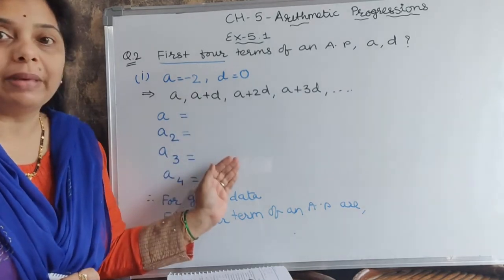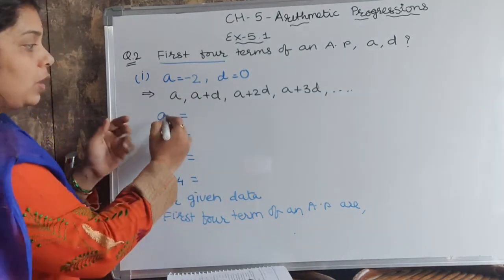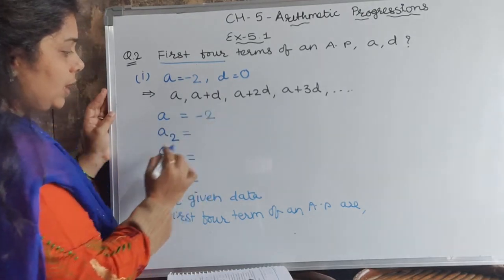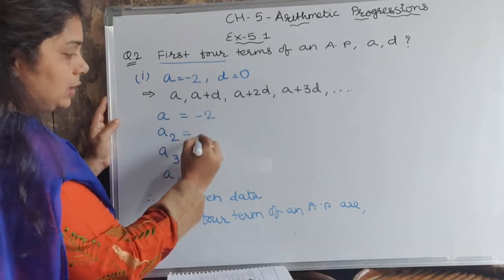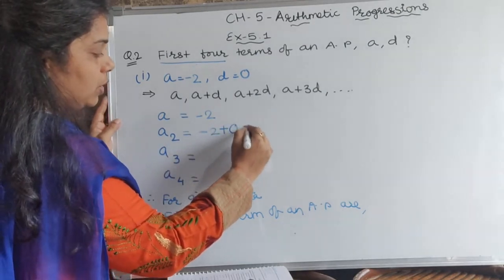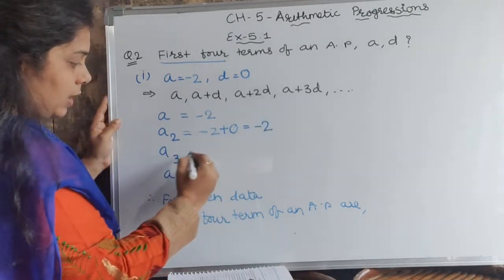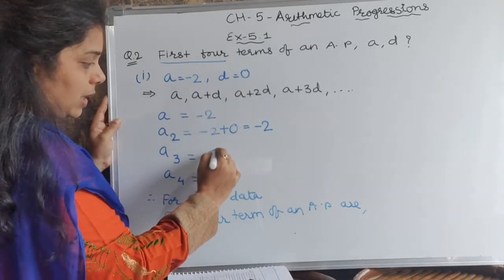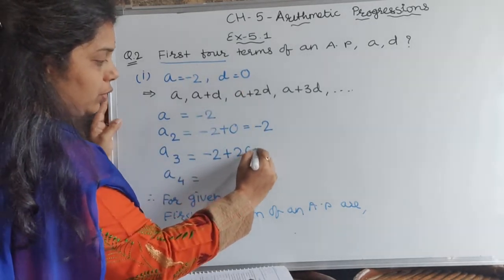But we have to show the method. So how to show? Again, A is equal to minus 2 and A2 is A plus D. So minus 2 plus 0 is equal to minus 2. A3 is equal to A plus 2D. So minus 2 plus 2 into 0.